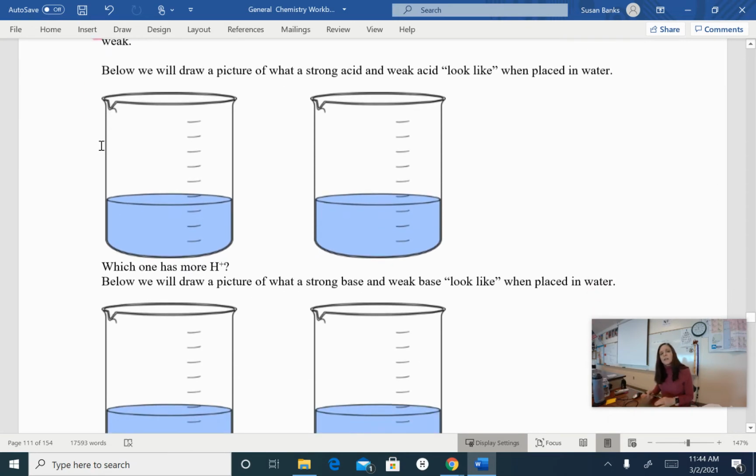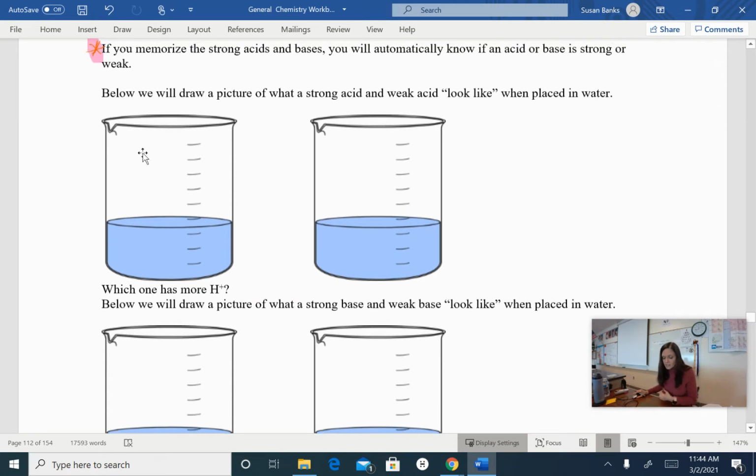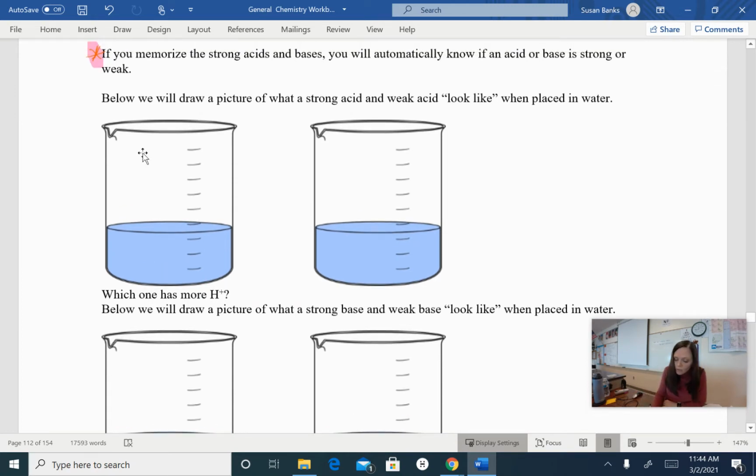Okay, so let's draw a little picture of how a strong acid versus a weak acid would look in solution. And we're just going to use a generic HA for an acid. So if it was strong, let's do strong here.